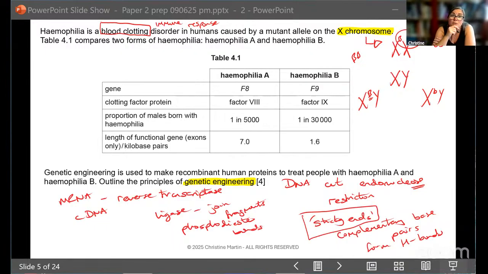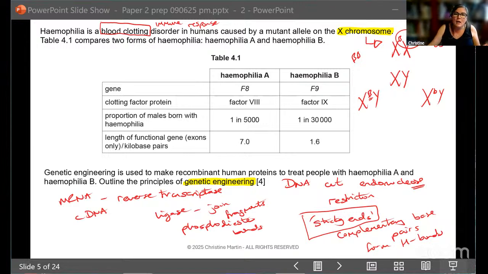Your teachers may have used that term, sticky ends, and it's not wrong in what they're saying, but in the exam, they do not want you to say sticky ends. They want you to use the scientific vocabulary. Complementary base pairs form hydrogen bonds. The ligase is just going to join the fragments together by those phosphodiester bonds.